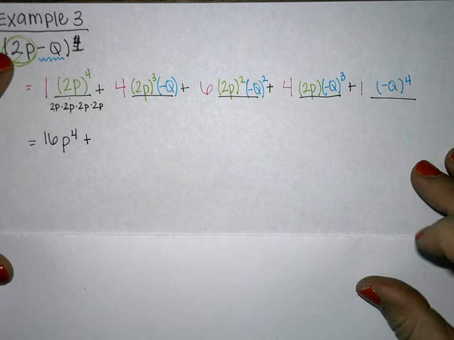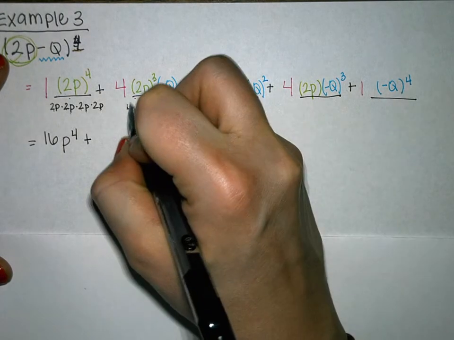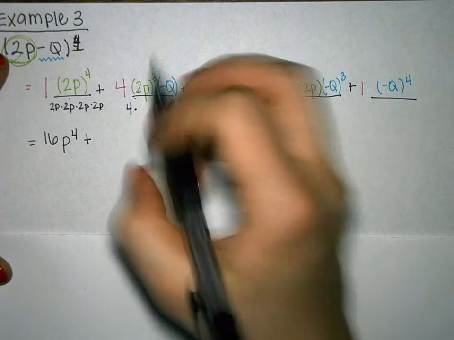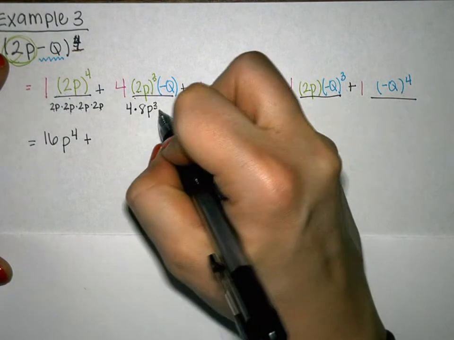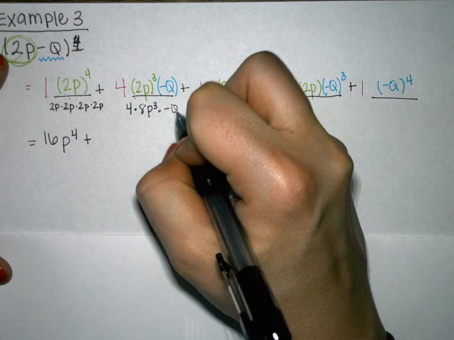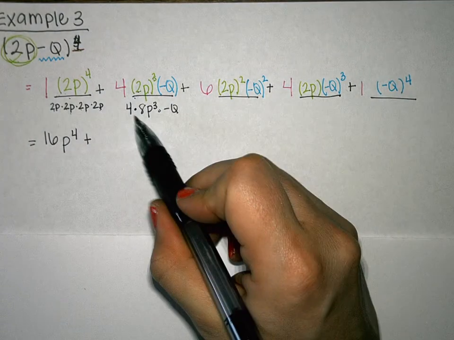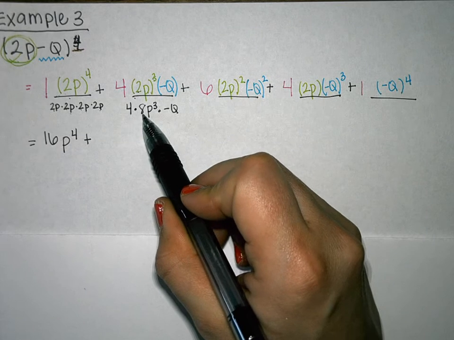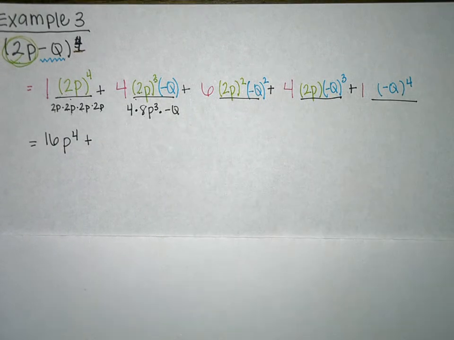Plus 2p to the 3rd, so this is going to end up being 4 times 2p to the 3rd. That's 8p to the 3rd times a negative q. So when we multiply all of these together, this is not 4 times 8p to the 3rd minus q. It's times a negative q.